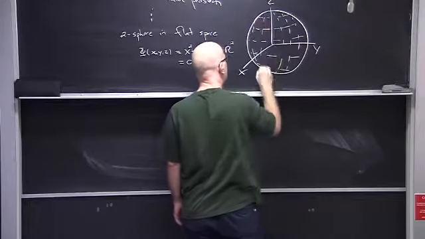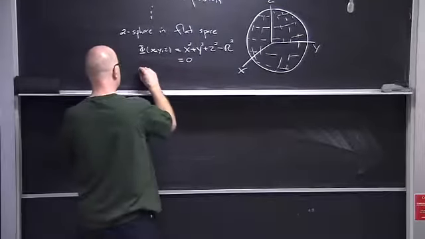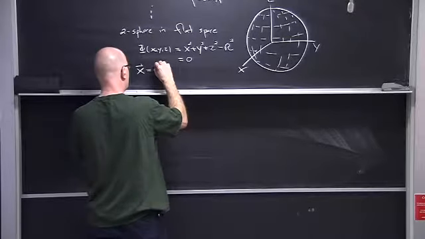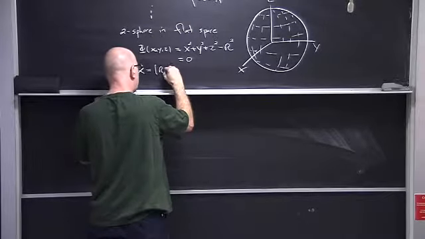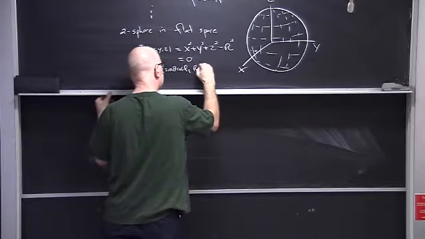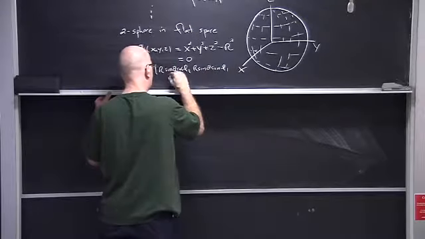So we would set up a theta and phi coordinate system, and we would say that the position vector on the sphere would be given by r sine theta cosine phi, r sine theta sine phi, and r cosine theta.